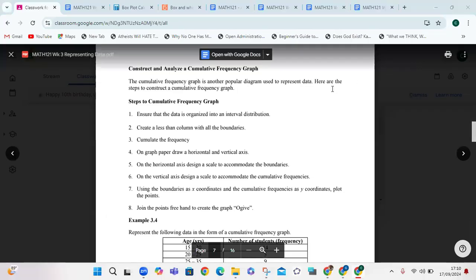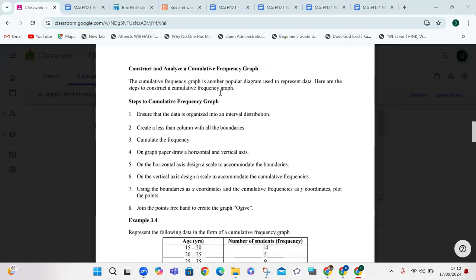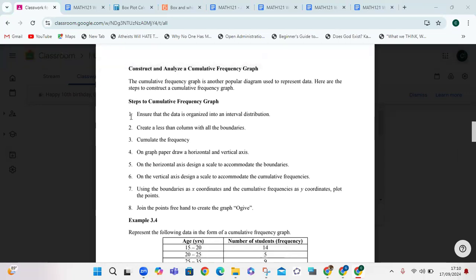In week 3, page 7, it says, to construct and analyze a cumulative frequency graph, you can follow these steps. First, ensure that the data is organized into an interval table. Second, create a less than column or less than row with all the boundaries.